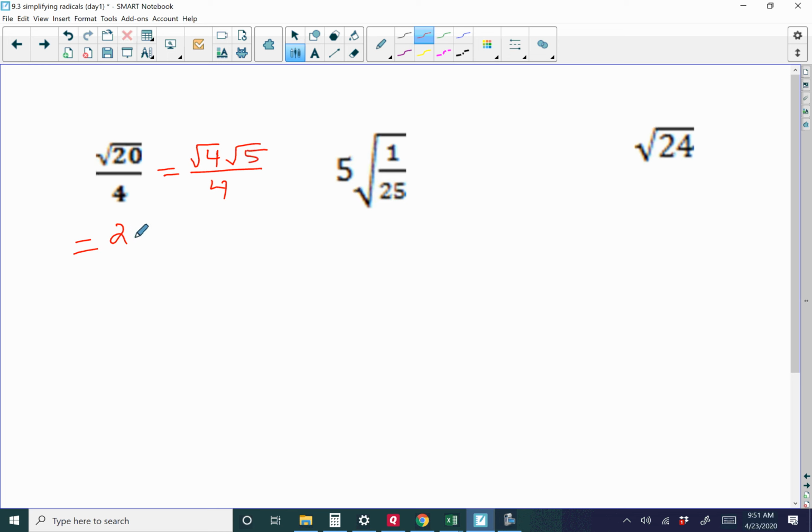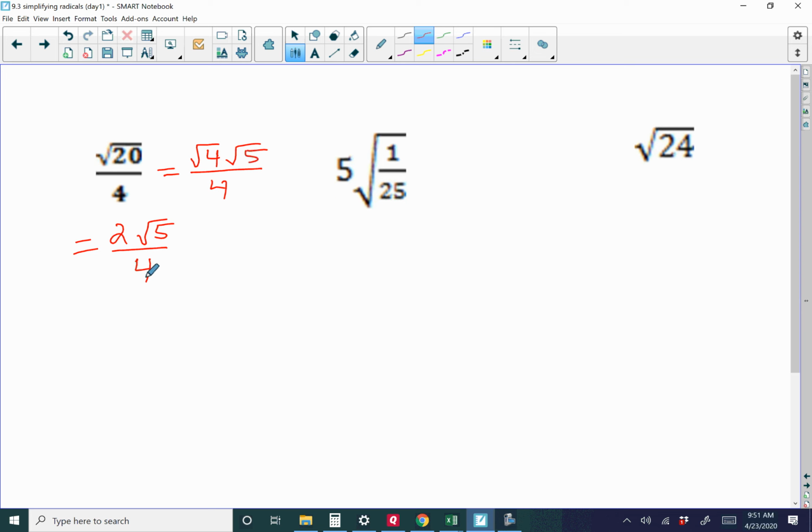So this becomes 2 square root of 5 over 4. Okay. You are not done here. Square root of 5 stays a square root of 5. There are no factors that are perfect squares. That's what you have to ask yourself always: is my square root broken down? So long as there are no more factors that are perfect squares, yes, it's broken down.